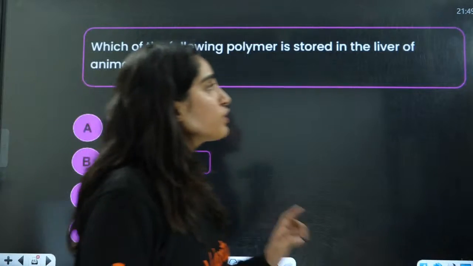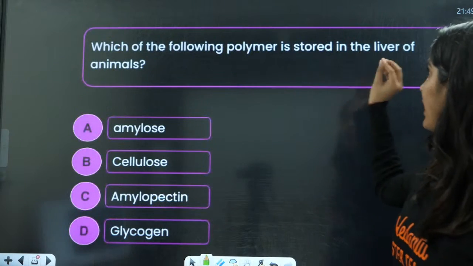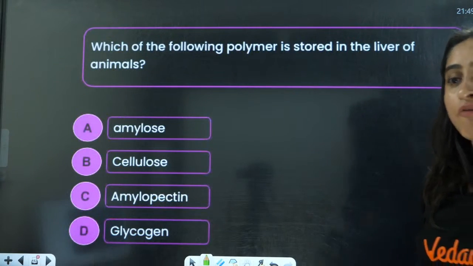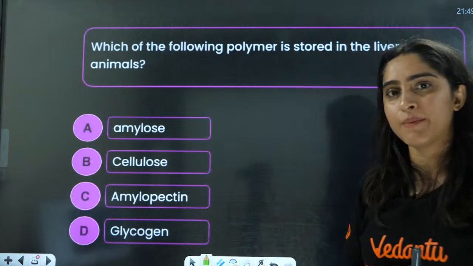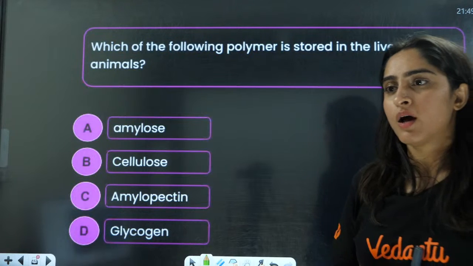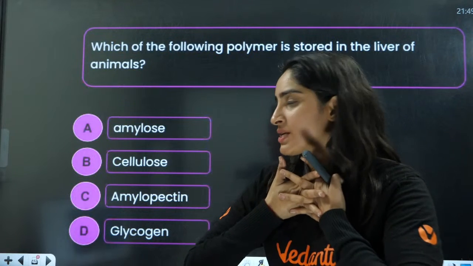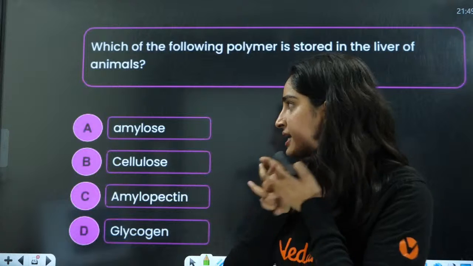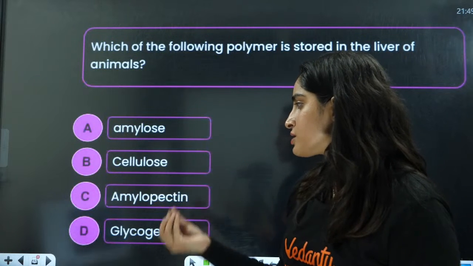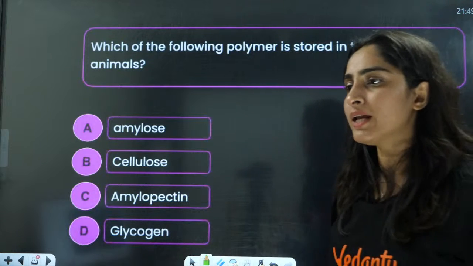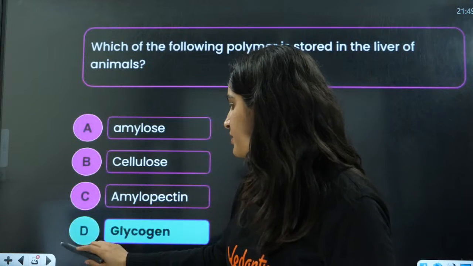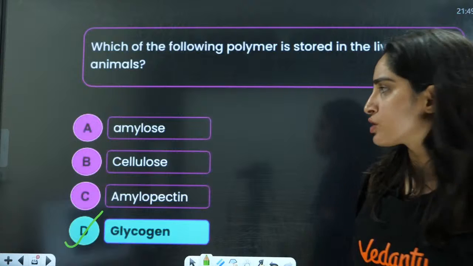Next, which of the following polymers is stored in the liver of animals? Amylose, glucose, amylopectin, glycogen. That is glycogen.